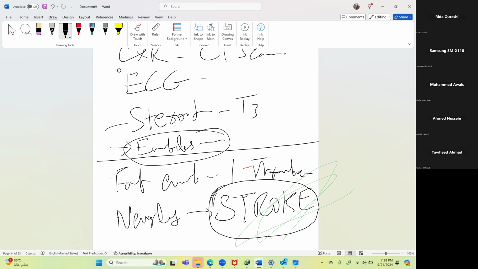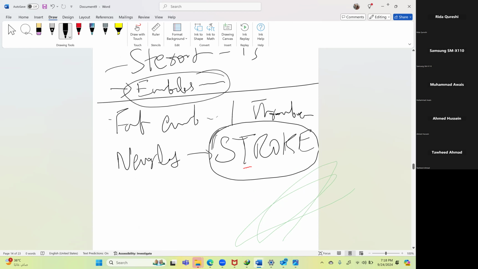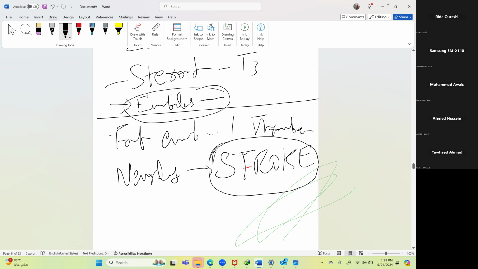If you are doing any specific surgery and anything specific occurs, your first possibility will be according to that. If a patient is undergoing TURP and decreased consciousness occurs, you will think about TURP syndrome.